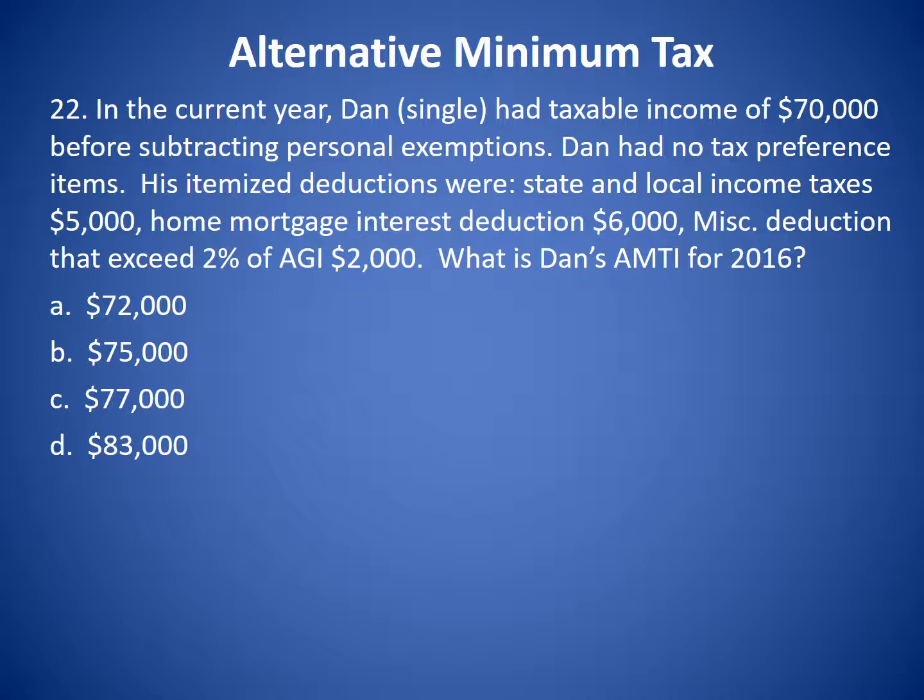So the question is, what is Dan's AMTI? In this case, I say for 2016, but it could be just simply for the tax year. Again, stop the video. When you're ready, restart the video and look at the answer.